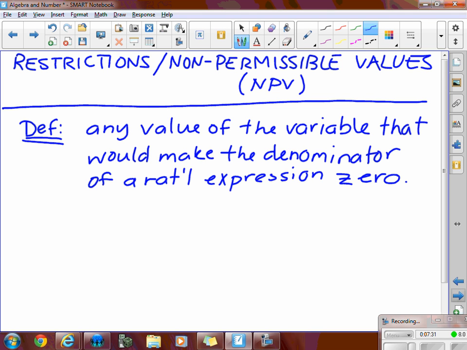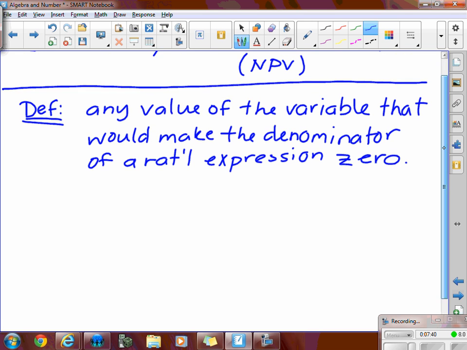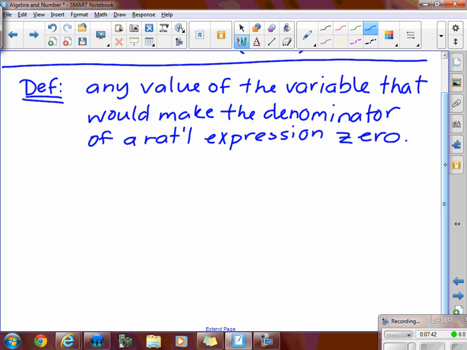In the last example, we saw that we had 3 minus 3 on the bottom, which was 0. That can't happen. So we have to be able to look at rational expressions and say when things cannot happen. Basically, when are things dividing by 0?